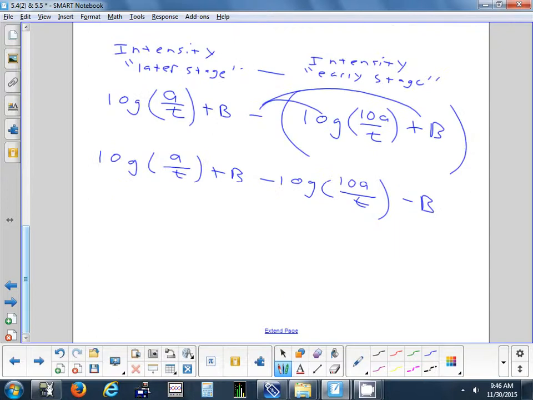What cancels out? The b's. Plus b, minus b. So in other words, the weakening of the wave doesn't matter because it was the same before, it's the same now. It didn't change. So it didn't make a difference in our final answer. So now the b is gone.